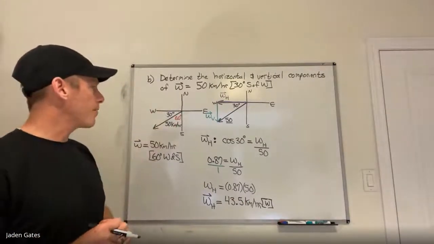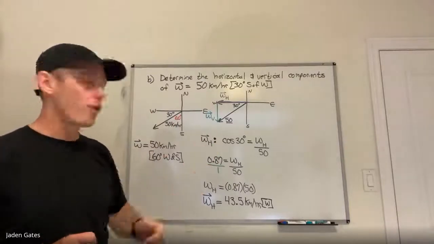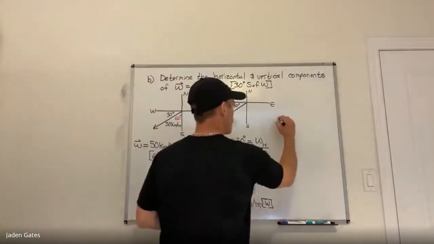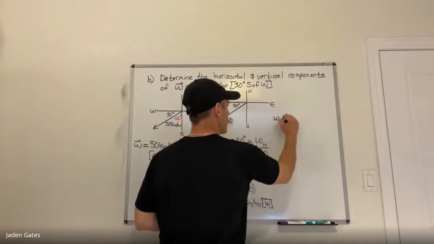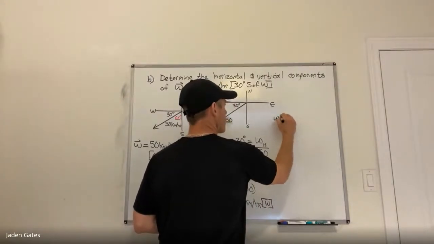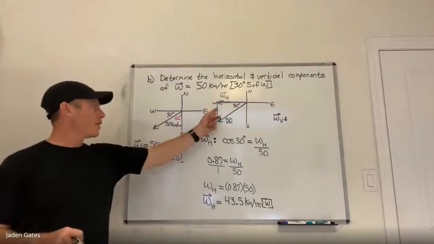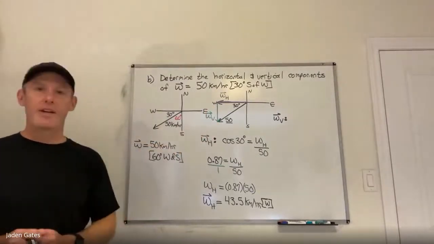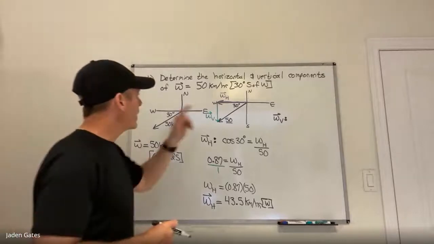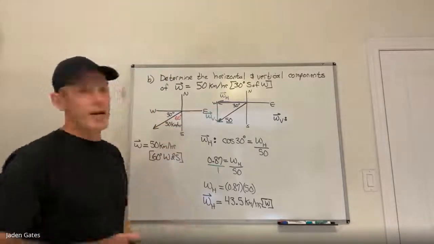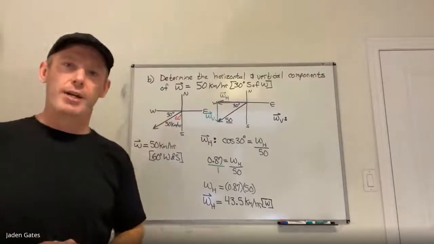Now we're going to do the same thing, but I'm going to get my vertical component. My WV is what I'm trying to find out. Looking at trigonometry, I want to find the length of my green vector there. It is across from my 30-degree angle, which means it is the opposite side.